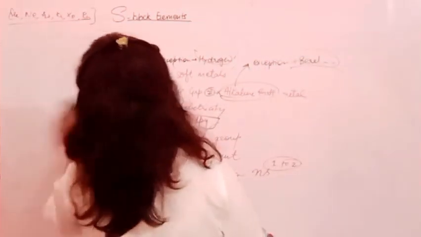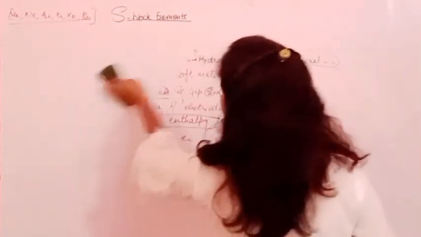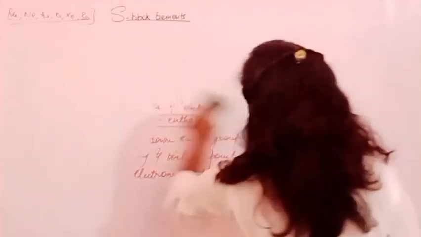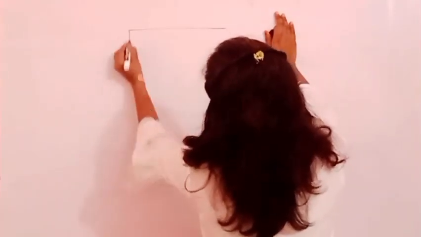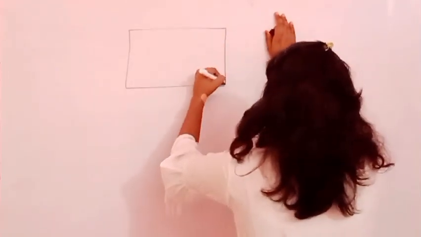Before moving to the P block element, I would like to explain one thing to you. I was talking about ionization enthalpy or energy. They both lie in the same category. Now see clearly, this is the structure of the periodic table.